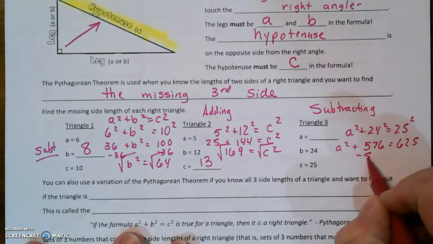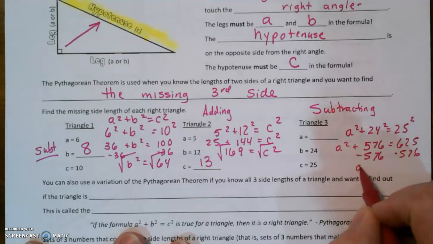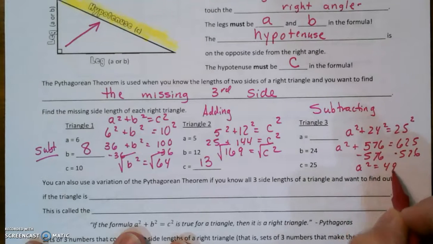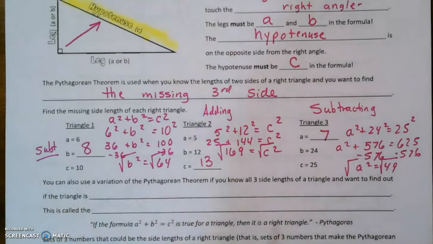Here comes that subtraction step. So A squared equals 49. Last step, take the square root of both sides, and our answer is 7. So that's how we use the Pythagorean theorem to find the missing side of a right triangle.